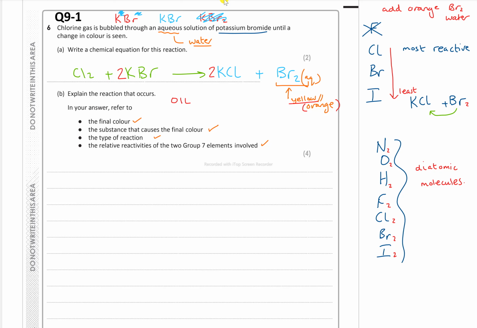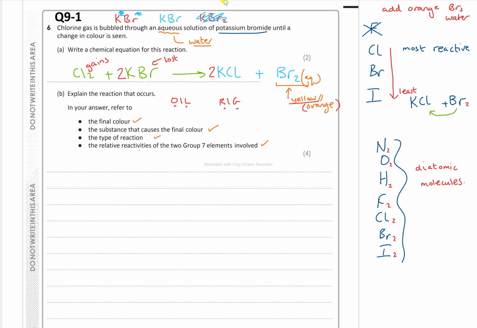Remember we said OIL RIG: oxidation is loss of electrons, reduction is gain. What happens here? Chlorine gains electrons and bromide, when it's displaced, has lost an electron. So that's what's going on.